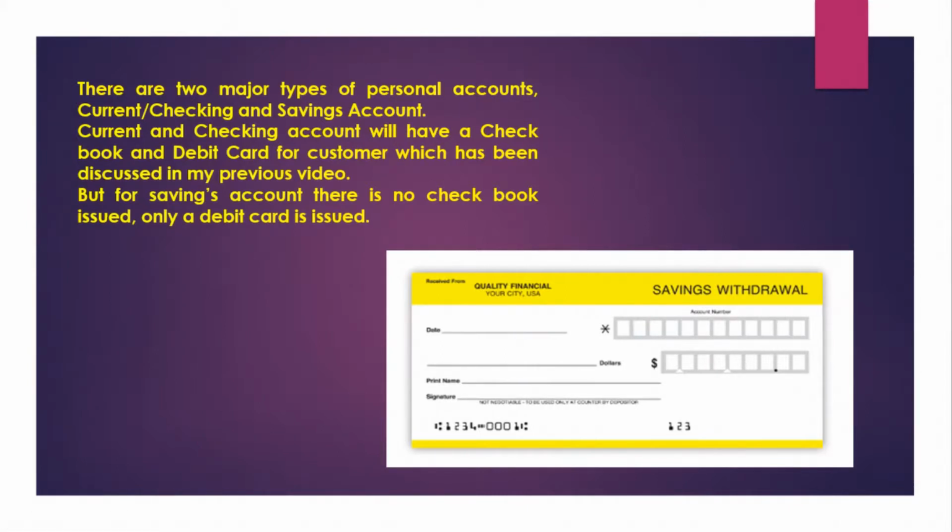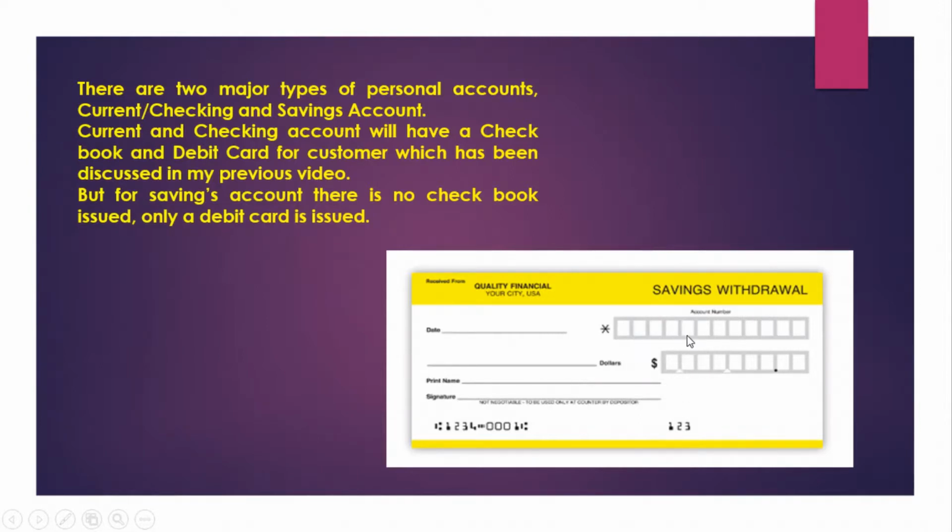Customer needs to fill up the date, the account number here, amount in words as it has been explained in my previous lecture, then amount in digits. Here the name of the account holder and then the signature of the account holder. Now this here is the routing number as we have discussed earlier, and this is the withdrawal slip number similar to check number in the form of a checkbook.